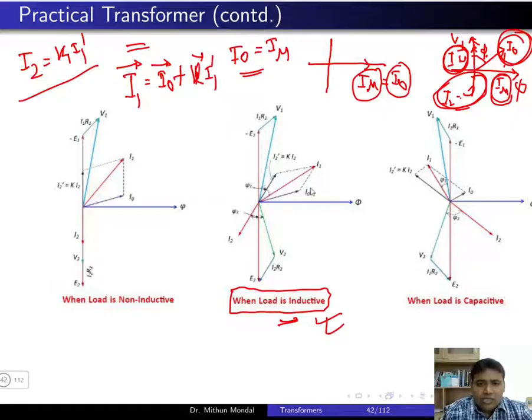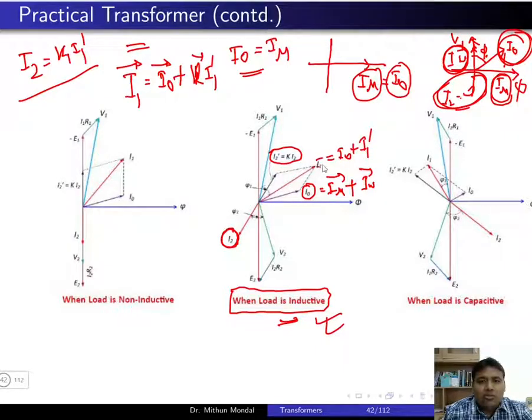So here you see there was a no load component of the current, which was the sum of I mu plus IW. So I mu plus IW will give you the no load component, but since the load is connected in the transformer I2, you will have some current in the primary side, which is I1 dash or I2 dash, anything you can say. So that is K times I2, and I1 is basically the vector sum of I naught plus I1 dash, right?